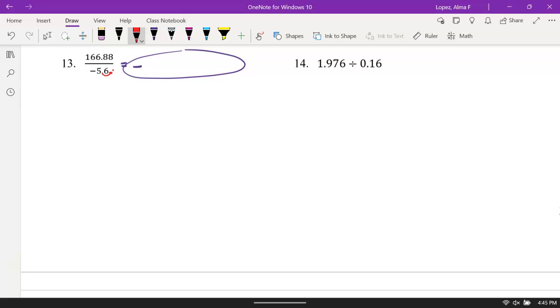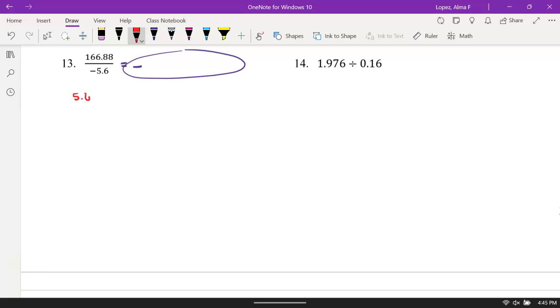It needs to be at the end of the number. But if you do it to the bottom of the number, you're going to have to do it to the top of the division. You can do it there, or you can do it here.